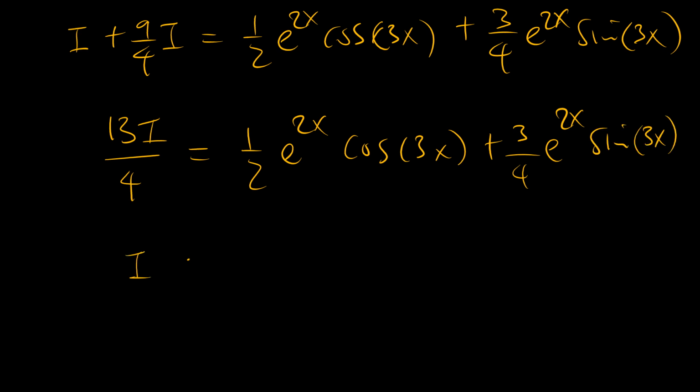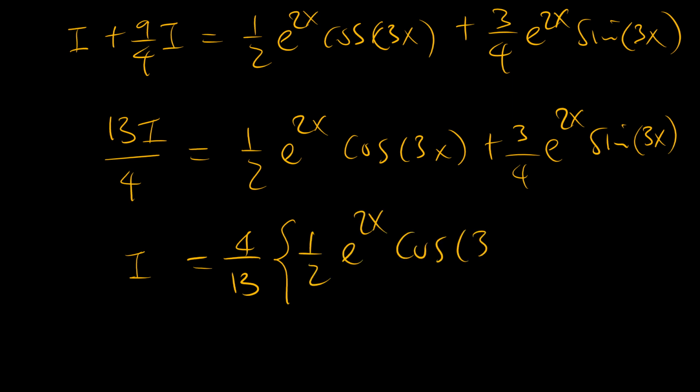So I is equal to 4 over 13 times a half e to the 2x cosine 3x plus 3/4 e to the 2x sine 3x.